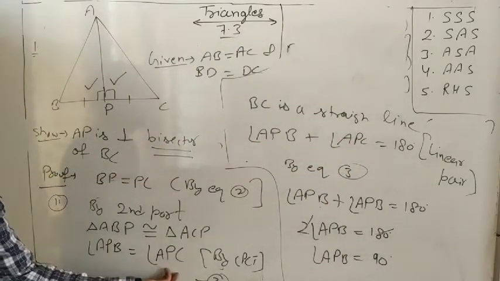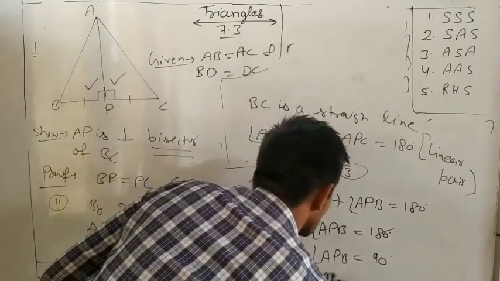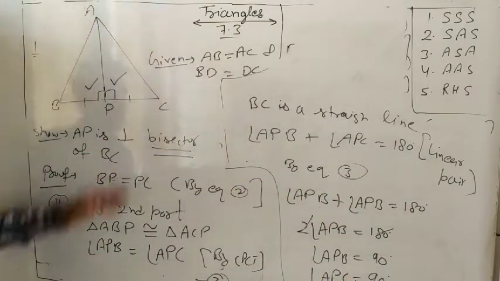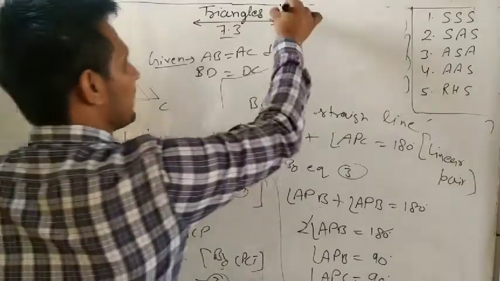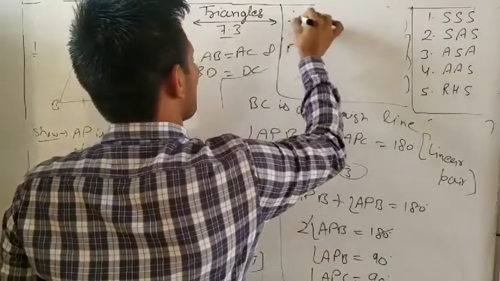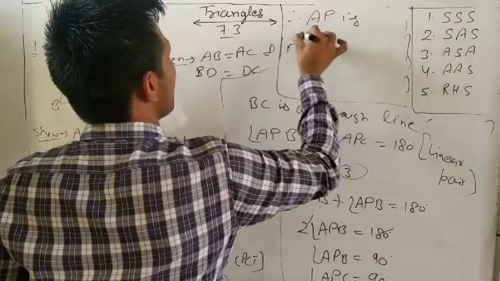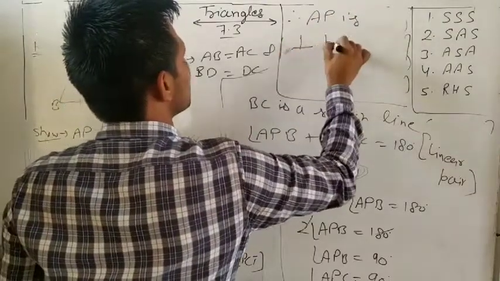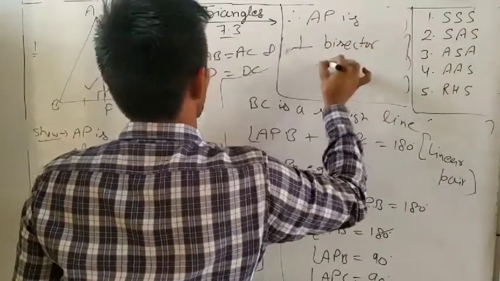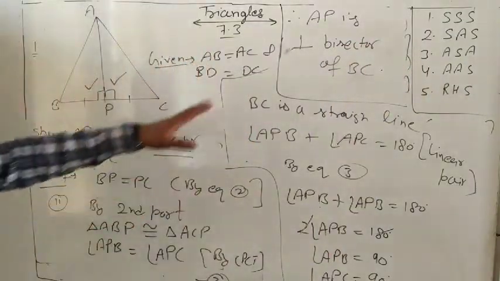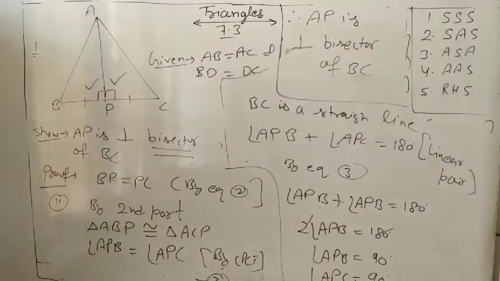APB equal to APC, it means APC is also 90 degrees. So therefore AP is perpendicular bisector of BC. Understand? Perpendicular bisector of BC.